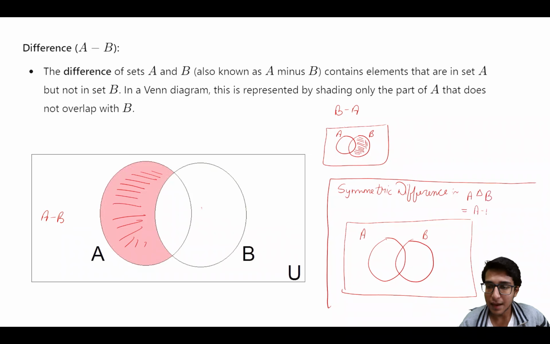This means A minus B union B minus A. So if you look at this carefully, if I do the union of A minus B and B minus A, what am I going to get? This would be my portion that is going to be shaded. Apart from the portion which is in intersection, all the other portion would be shaded. So this becomes my symmetric difference.